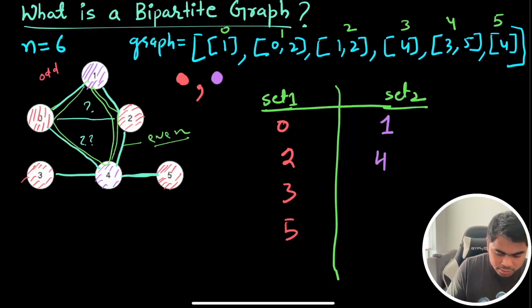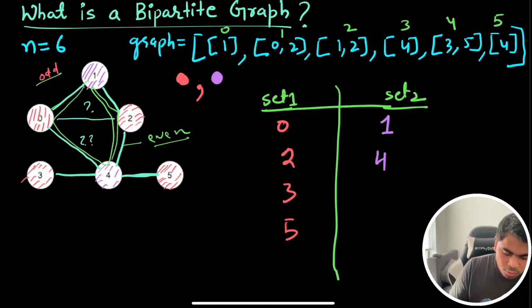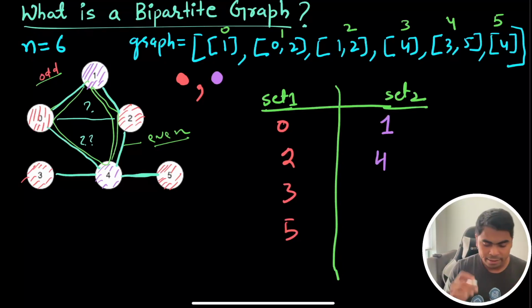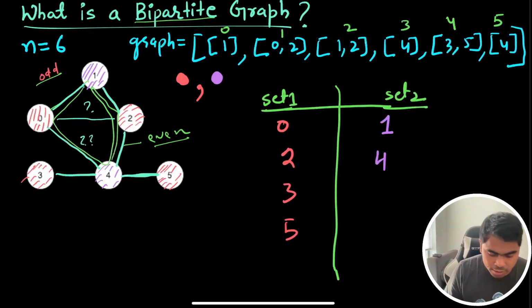So that means whenever there is an even number of nodes in the cycle, if there is a cycle, then you can always put all the nodes of that graph into 2 different sets, or assign 2 different colors. So that is a bipartite graph.